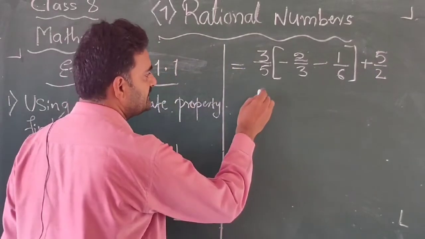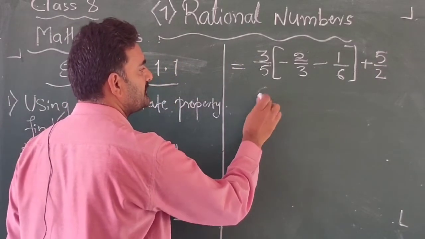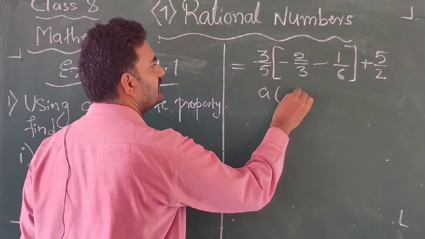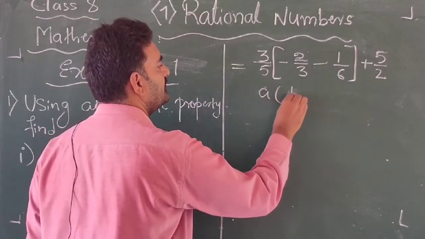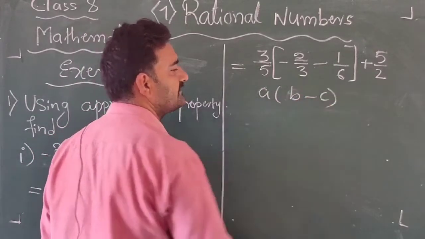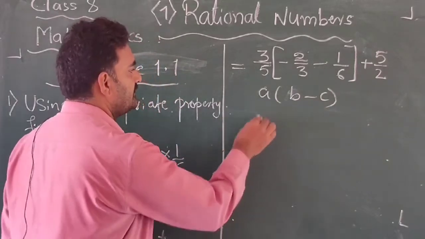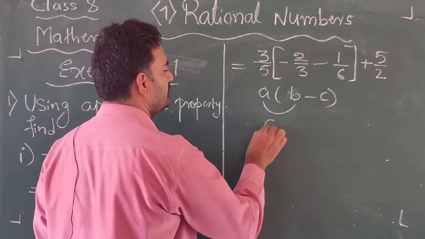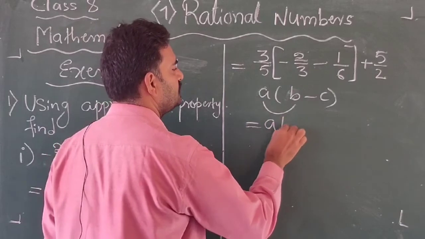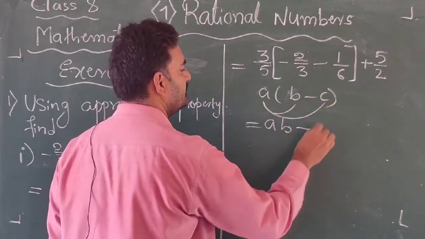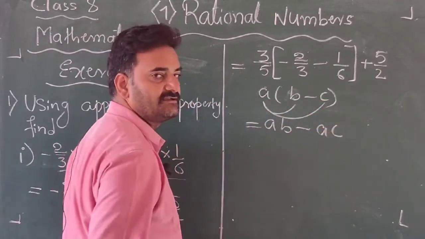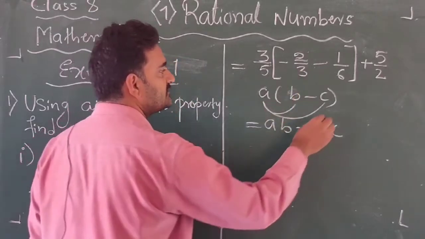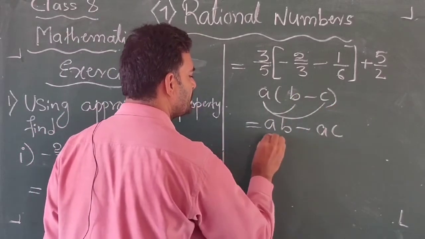Now this indicates, see here, the distributive property. Let us say A into B minus C equals A into B minus A into C. It is of the same kind, so this is the distributive property.